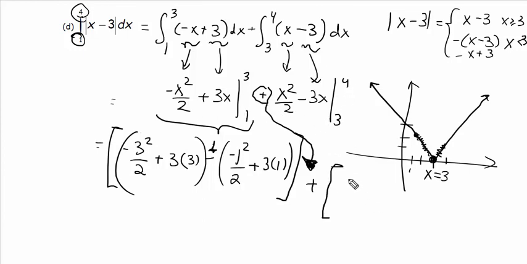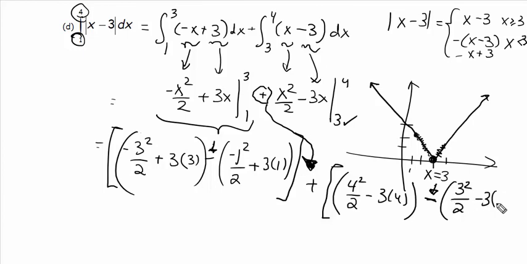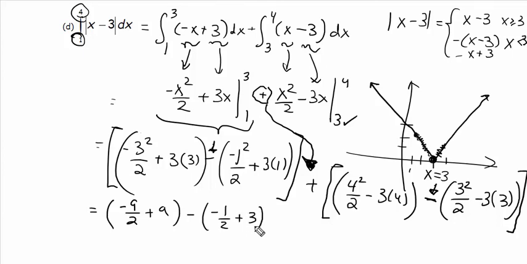So let's substitute the 4. So 4 squared over 2 minus 3 times 4. Then here's the subtracting when we substitute in the 3 that's down here. 3 squared over 2 minus 3 times 3. So if I do all of this, I have negative 9 over 2 plus 9 minus negative 1 over 2 plus 3, then plus 16 over 2 minus 12 minus 9 over 2 minus 9.